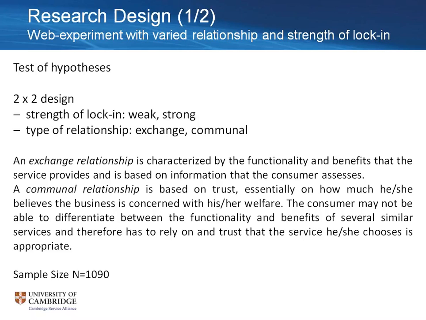Another type of relationship is a so-called communal relationship, which a consumer enters with a business in the case that he or she cannot clearly differentiate between the functionalities and benefits of the product.